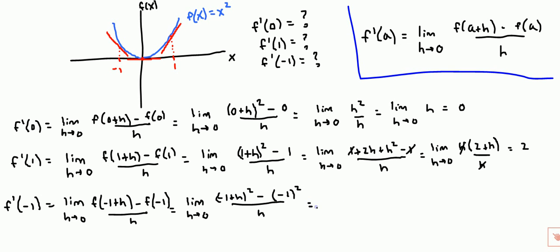Okay, we need to FOIL out the left term. We're going to have -1 squared, that's plus 1. Now we have minus 2h's. We still have a plus h squared. That comes from FOILing this. Minus -1 quantity squared is positive 1, so minus a positive 1, all divided by h.